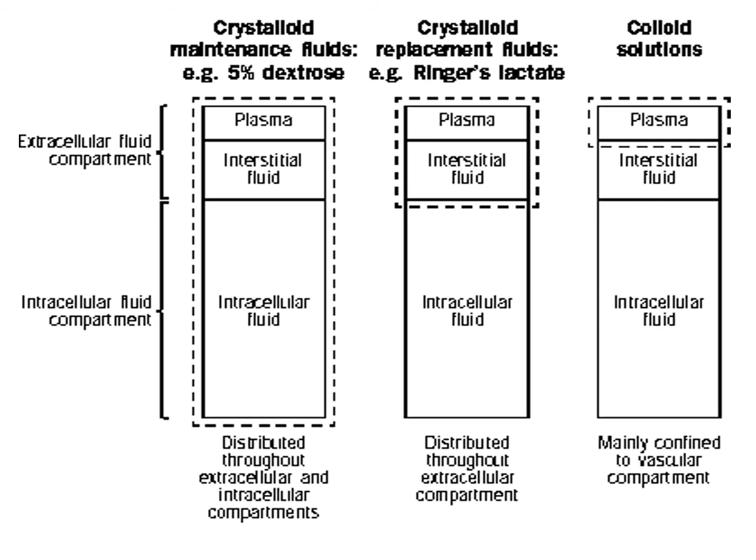And if we talk about the replacement fluids, that is Ringer lactate, it is distributed to the extracellular compartment, and colloidal solutions basically remain in the vascular compartment and thus increase the volume. That is why the colloid solutions are mainly used as plasma expanders.